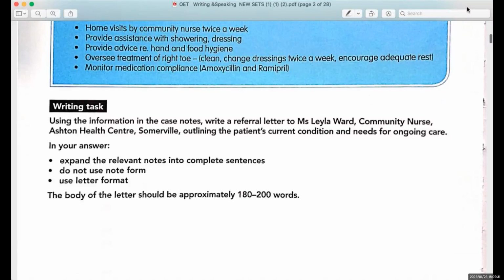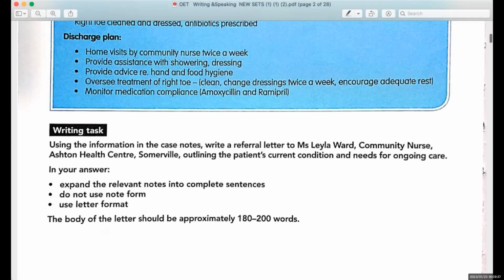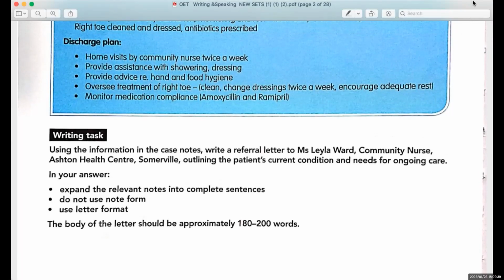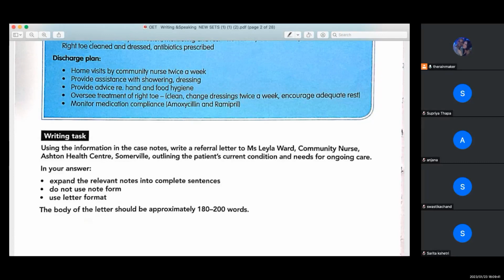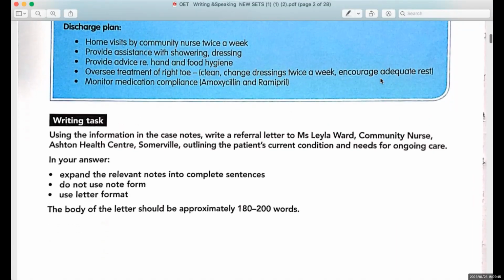Now, let me tell you something. The first point that I brought to light was, why is this a referral letter when the patient is being discharged? You should know the basis. A referral letter is when we are not able to fix the patient.